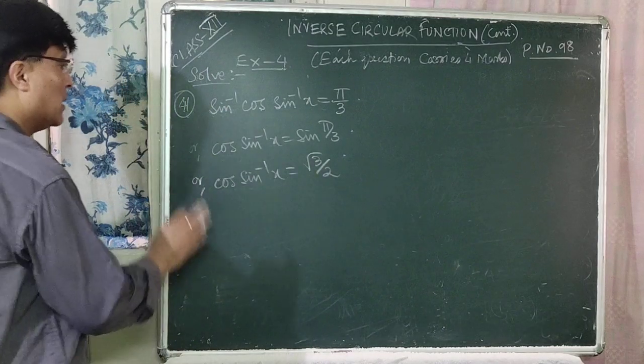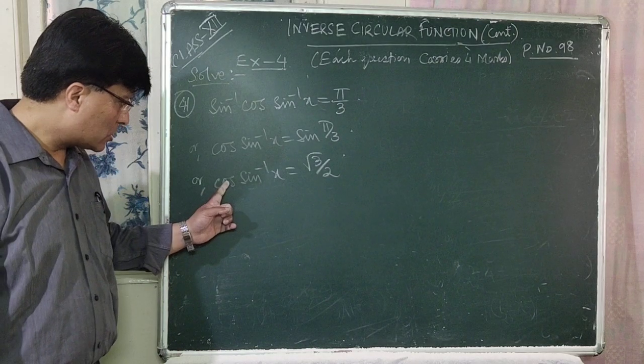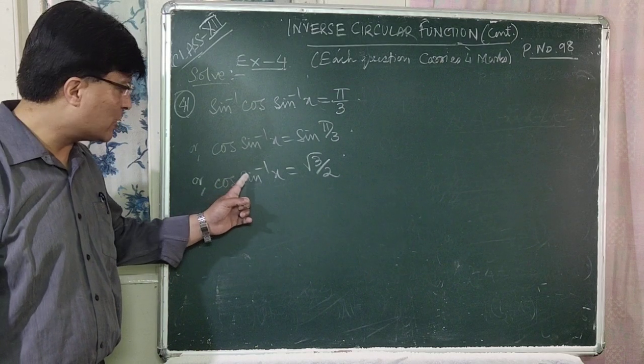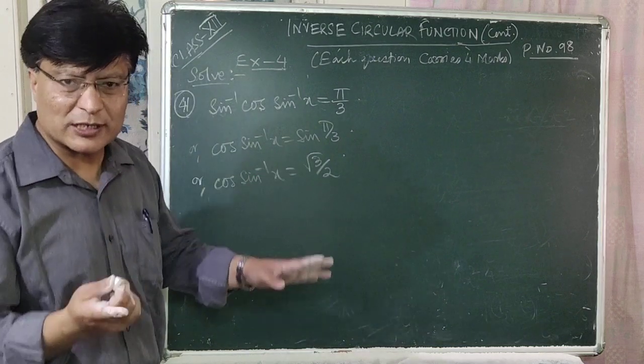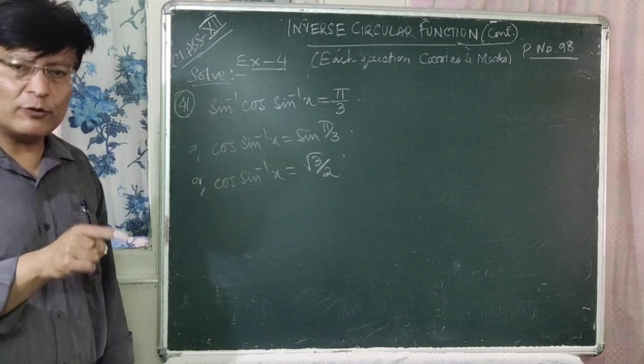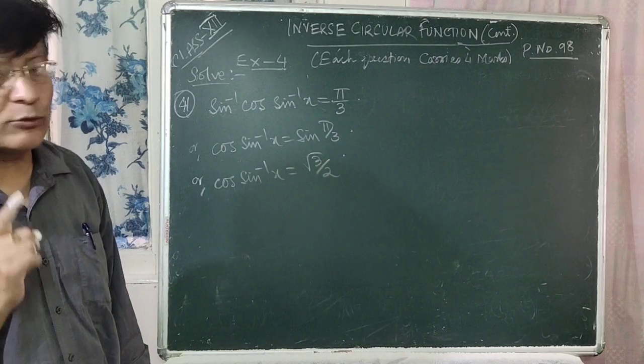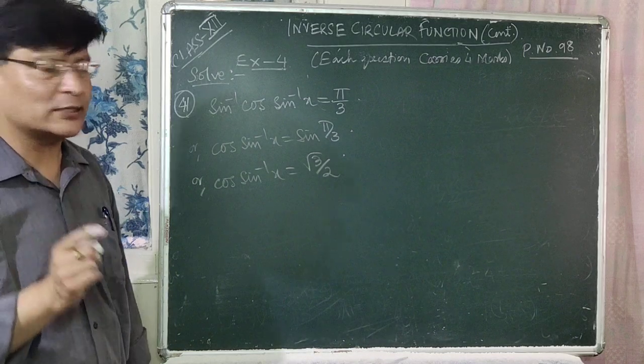Okay. So now, what will you do here is, since this is cos, you can change this sin inverse x into cos inverse, isn't it? If you can write cos inverse x, then we can easily write down only x, isn't it? Cos inverse x is equal to x.